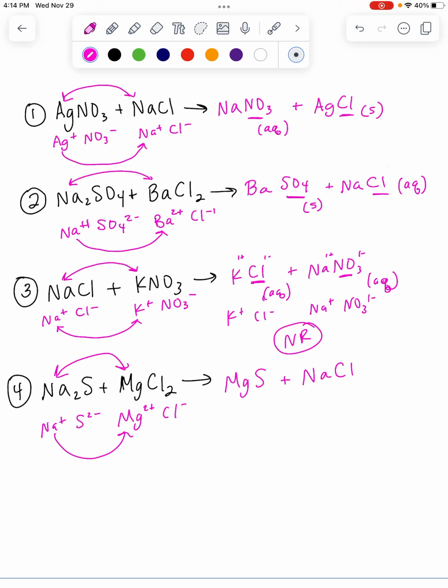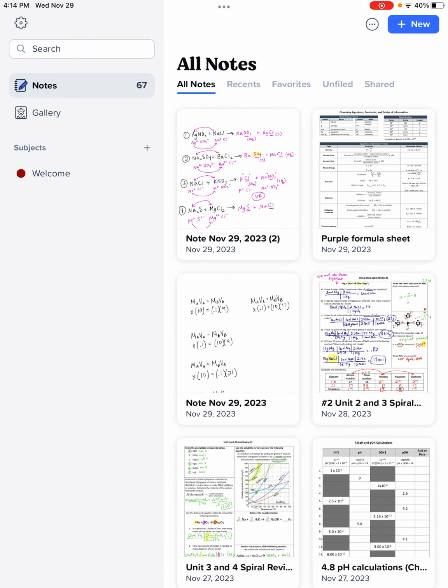Now I can look at my solubility. So I have a sulfide and I have a chloride. I know this is not a sulfate like it was up here with number 2. A sulfate is SO4, which is on our polyatomic sheet. If it ends in ate or ite, multiple elements, that's going to be a polyatomic. So this is just sulfur, so we're just looking for rules on sulfides.